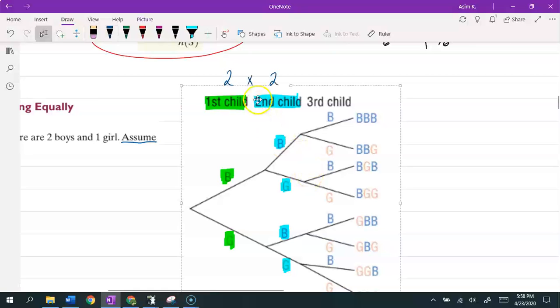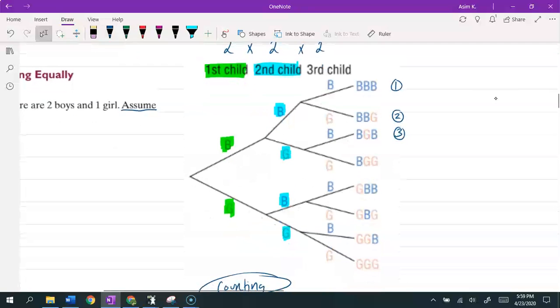But I'm going to have to multiply them because that's what the counting principle said in the previous lesson. Then that third child, there's 2 more possibilities. So altogether, you should have 8 possibilities. I could have counted that out for you. So here is all of those 8 possibilities.